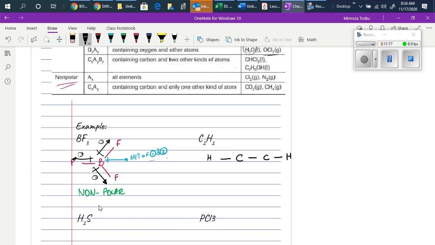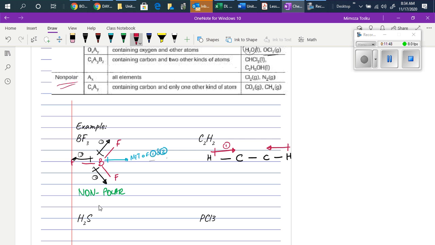Okay, so now based on the electronegativity of carbon and hydrogen, we can say that the dipole moment is going like this between the two, and the electronegativity difference between the two carbons is 0, so we don't have a dipole moment in that case.